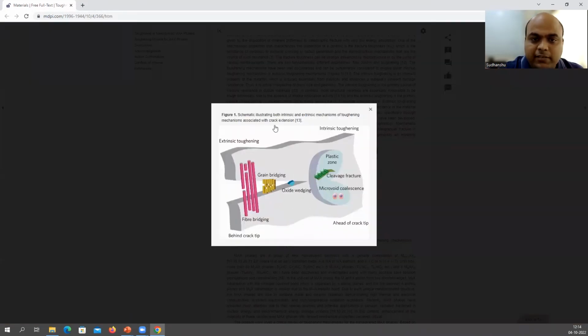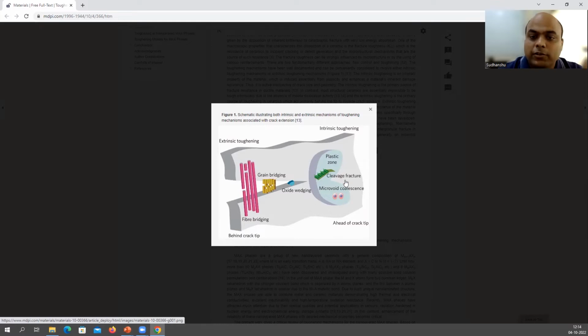It says: schematic illustrating both intrinsic and extrinsic mechanisms of toughening associated with the crack extension. So you have a crack here, this is your crack, right? And as I mentioned, the extrinsic mechanisms by nature are going to act in the wake of the crack, in this particular regime, whereas intrinsic mechanisms are going to be activated ahead of the crack tip.